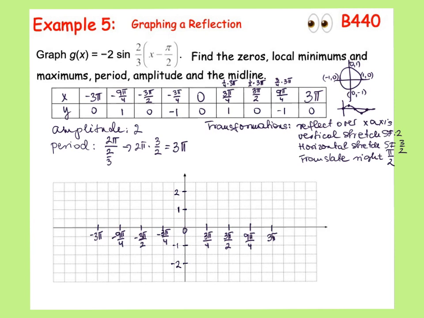So we start with 0, then we go to 1, then we go back to 0, -1, 0, and going in the other direction. So here is our sine graph that already has our horizontal stretch in it.